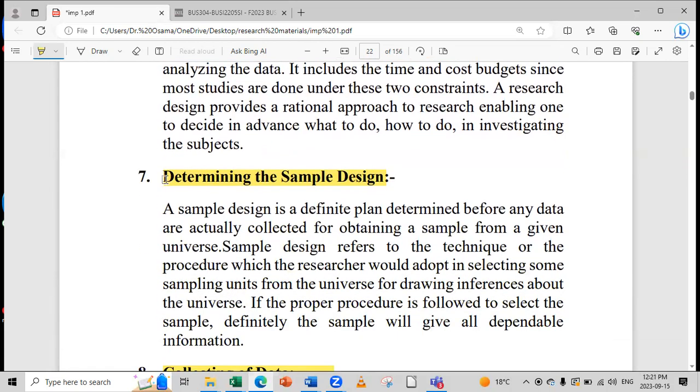Determining the sample design, very important, guys, very important. What does sample mean? In simple terms, when you go to big shops, like in Dubai or even here, you won't see Christian Dior perfume, for example, open. Of course, you don't know what the smell is like.